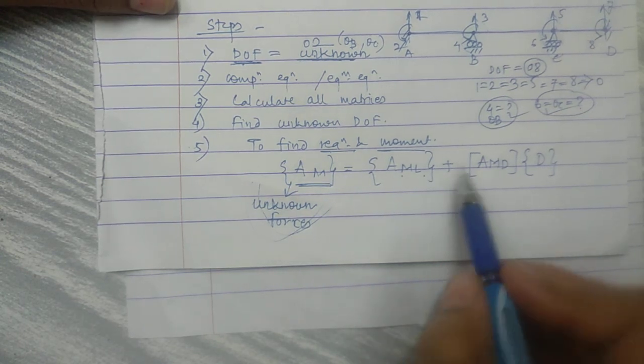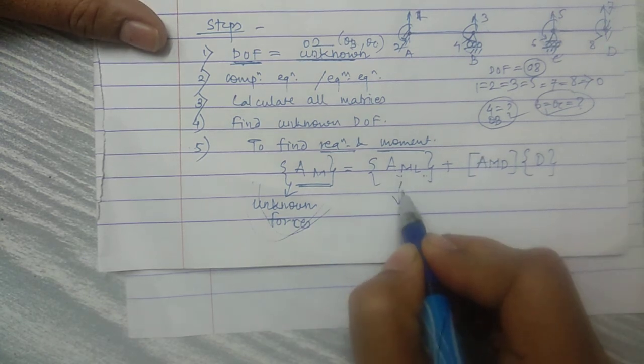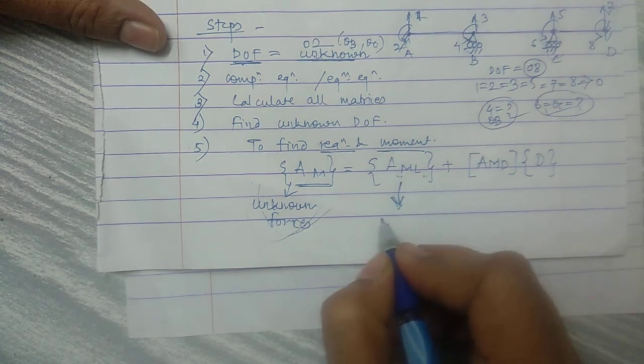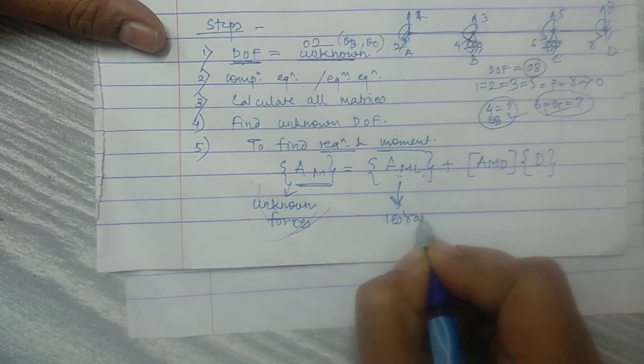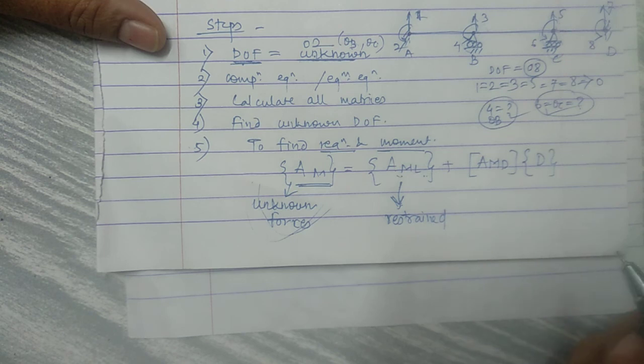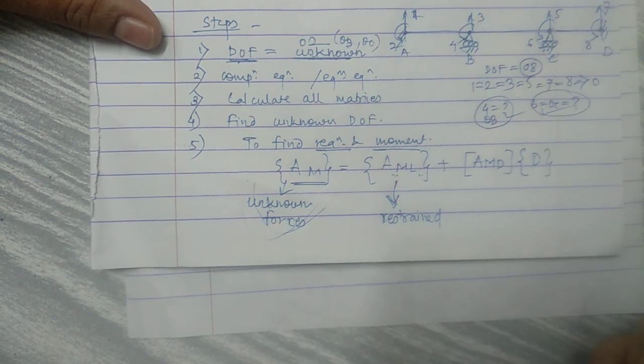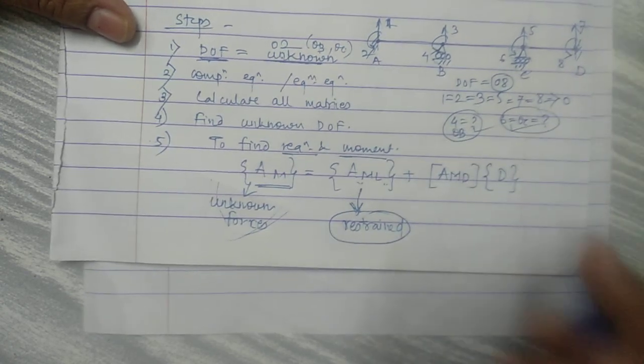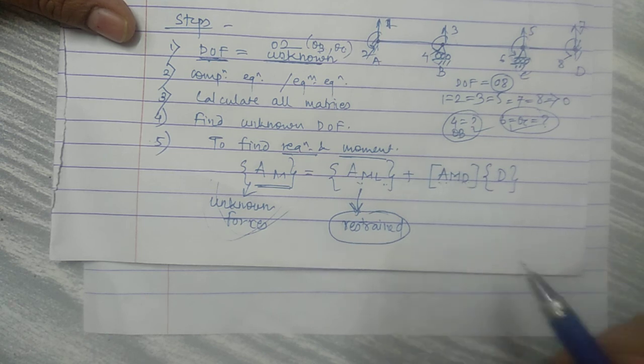Here AML means the moments and reactions that we get from the restrained structure. When you consider each member separately and make it fixed at both ends and calculate the moments and reactions, those values corresponding to those numbers appear in this AML matrix, plus the AMD matrix.